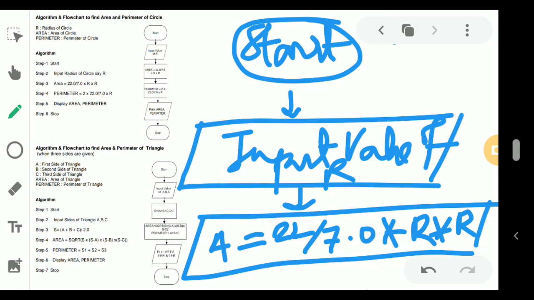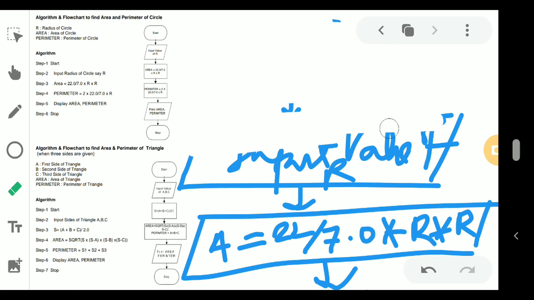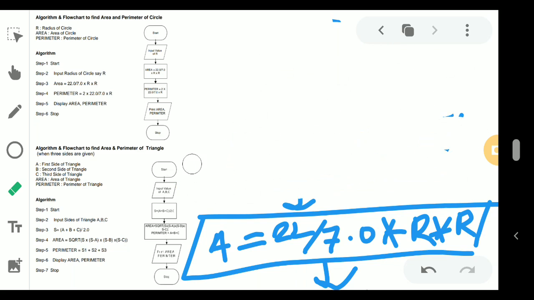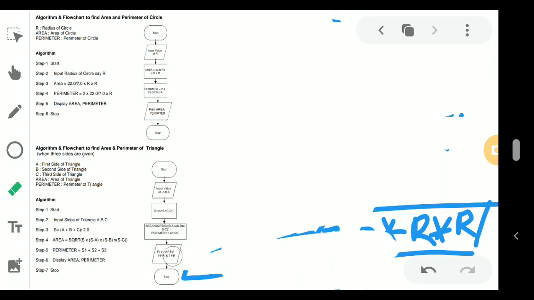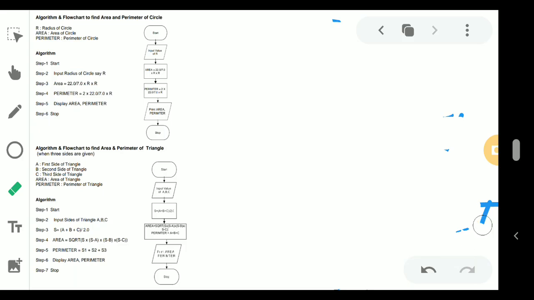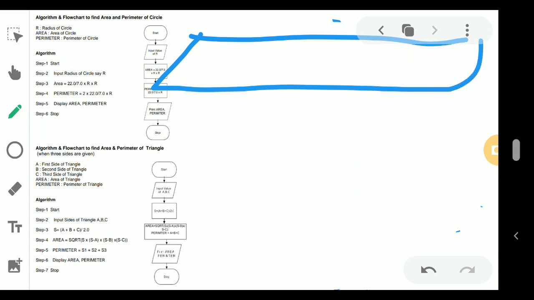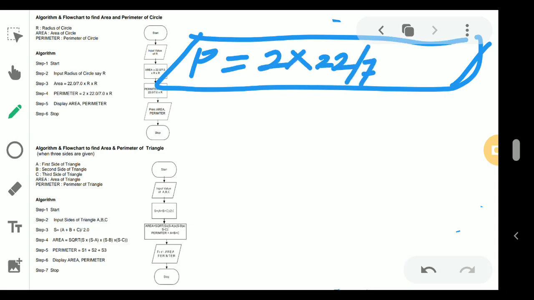Then I have to calculate the perimeter. Next is the perimeter, so I am declaring P equals 2 into pi, pi means 22 by 7, into r. It is done. So we have calculated the perimeter and the area. Then we will print.